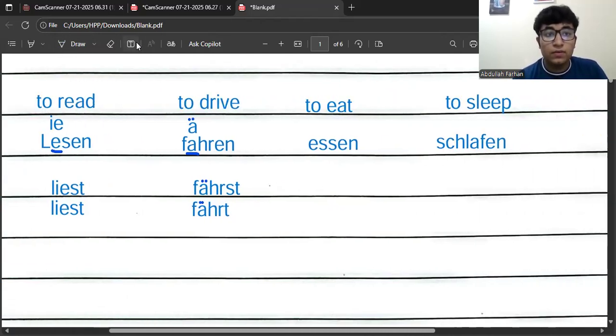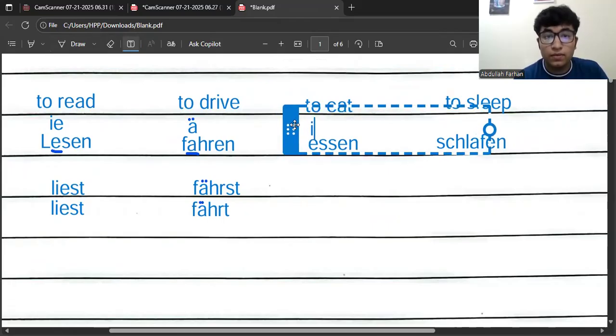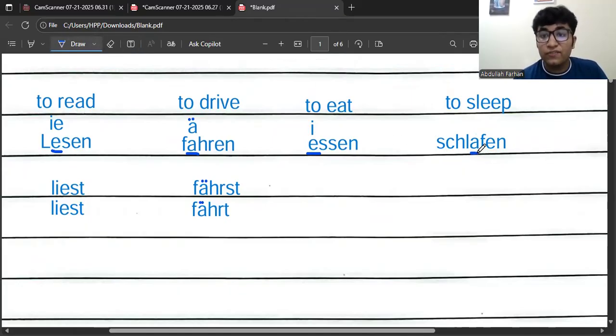Again, in essen, the first E gets replaced with an I. Then in schlafen, remember one thing: in these conjugable forms, there's never a change in the en ending.